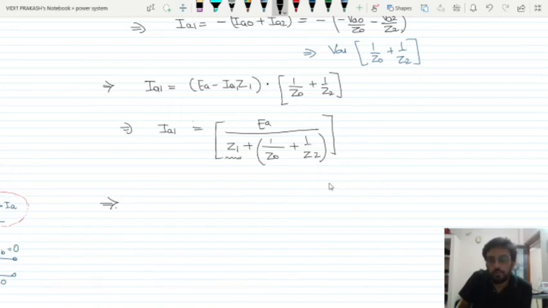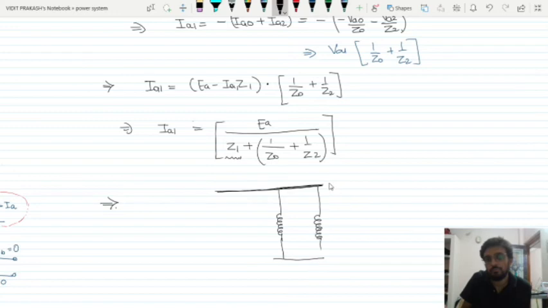So here Z0 is in parallel with Z2, and this will be in series with EA, the positive sequence component, and the positive sequence impedance Z1.